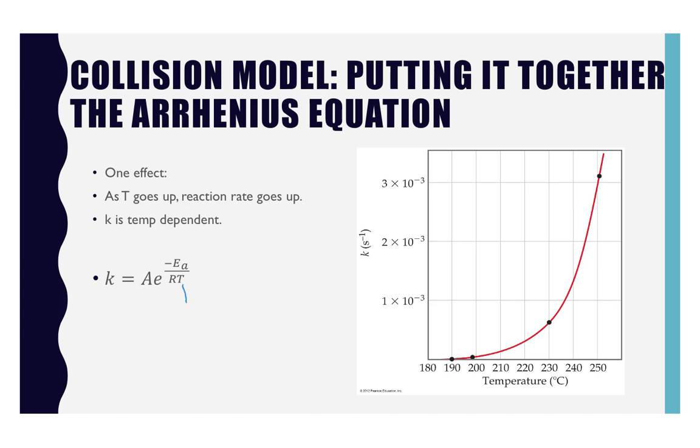Well, mathematically, if I make this T bigger, it's going to make this exponent a less negative power, so that's going to make my rate constant go up. So one effect of this is that as temperature goes up, rate goes up. The rate constant is temperature dependent.